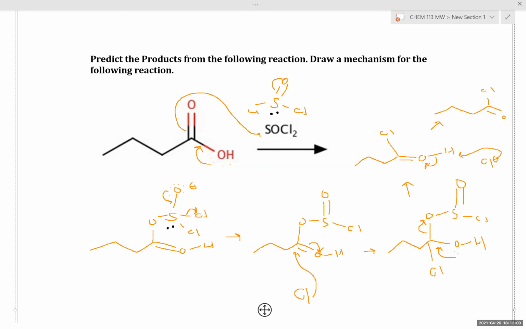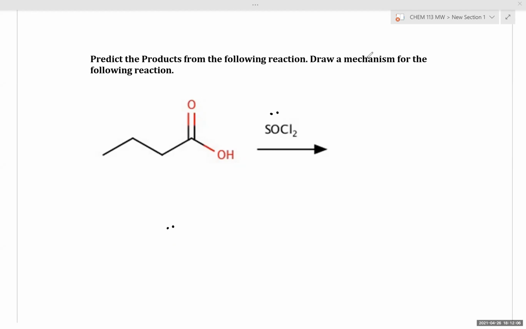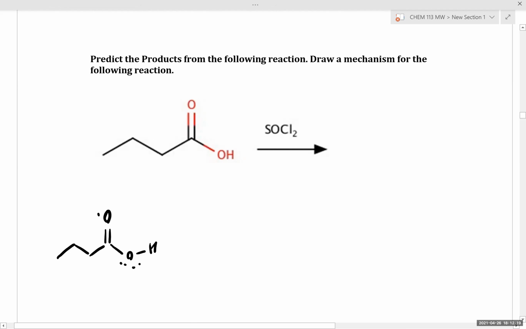The student proposed mechanism looks perfectly reasonable. So let me clear this mechanism and then redraw it as part of the instructor solution. We have our nucleophile, which is our carboxylic acid, and we have a wonderful electrophile in the form of thionyl chloride.